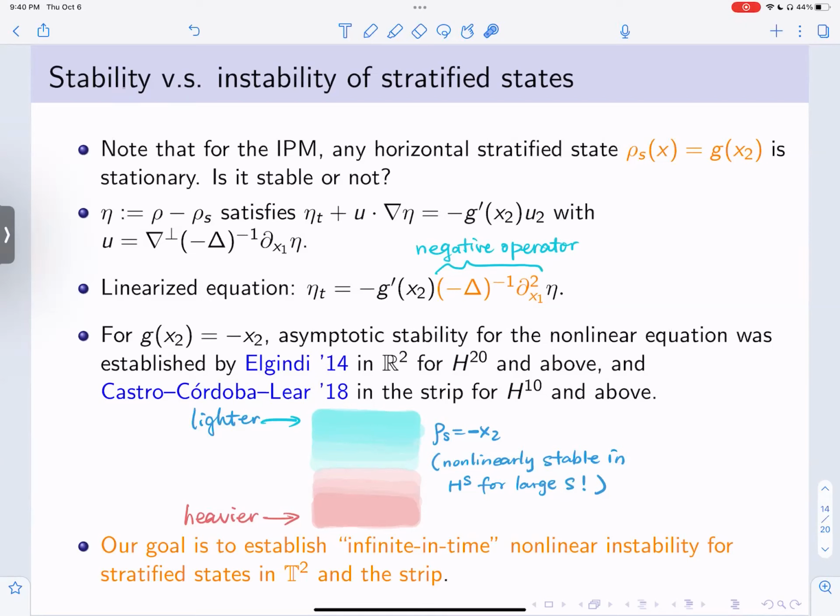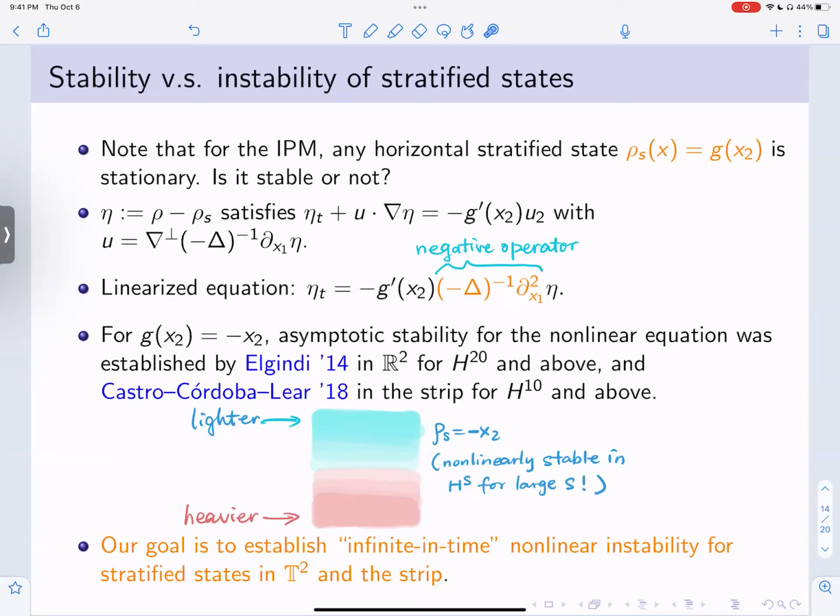So usually we learned in class that the strategy for us to show whether a steady state for an ODE or a PDE is stable is that we linearize the equation first. Right, we first find whether this linearized equation is stable or not, and then we try to upgrade this linear stability or instability into a nonlinear one, right?